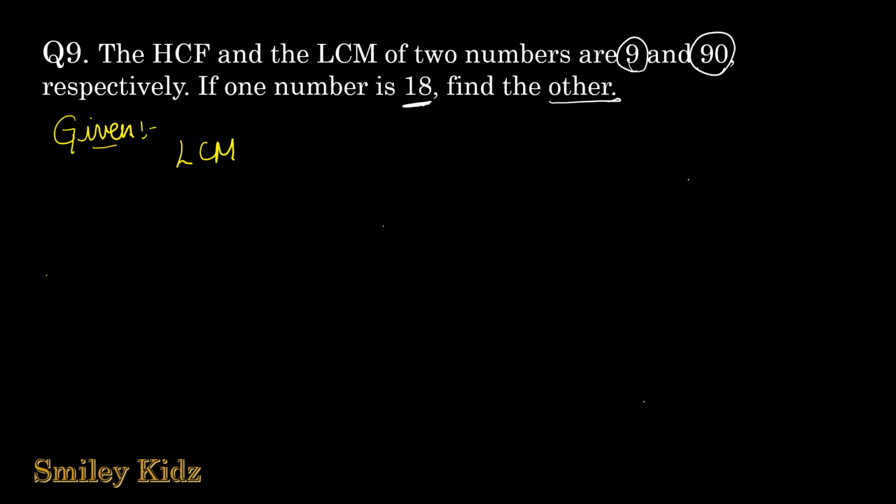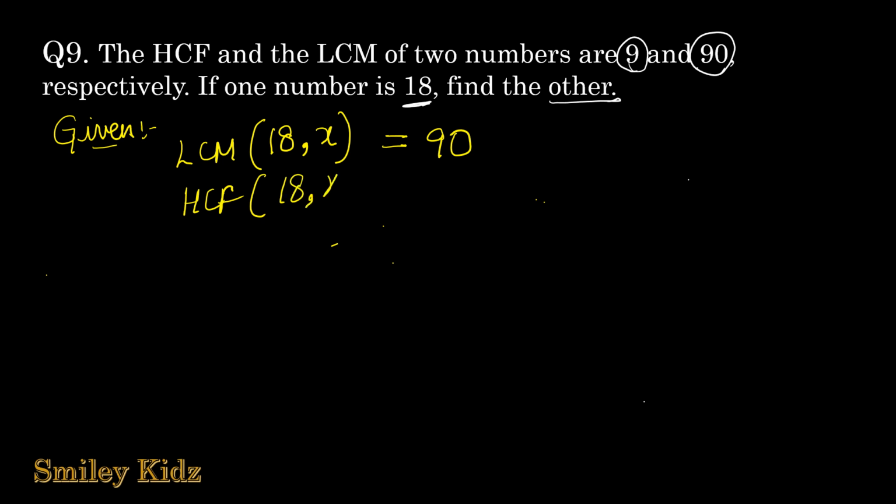We already know one number, isn't it? 18, x. We don't know the value of x, right? We don't know the other number. So the LCM of 18, x is 90, whereas the HCF of 18, x turns out to be 9.